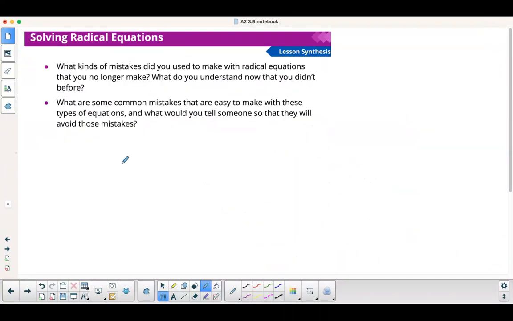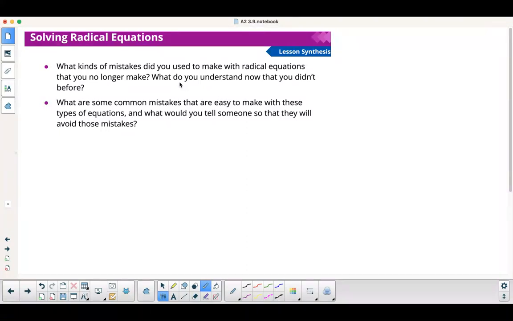All right, so what kind of mistakes did you used to make with radical equations that you no longer make? What do you understand now that you didn't? I mean, obviously, this question is going to vary.